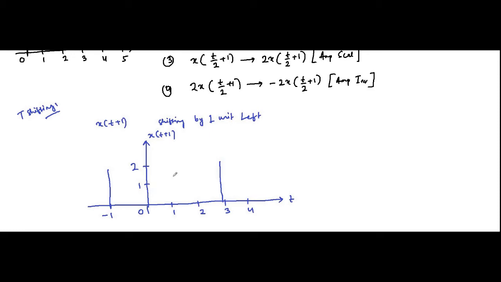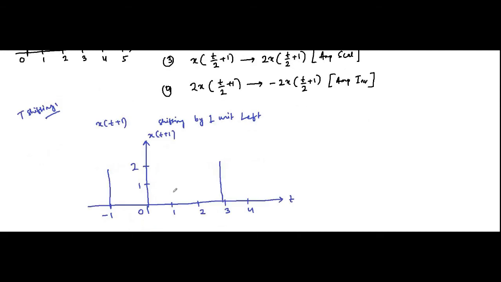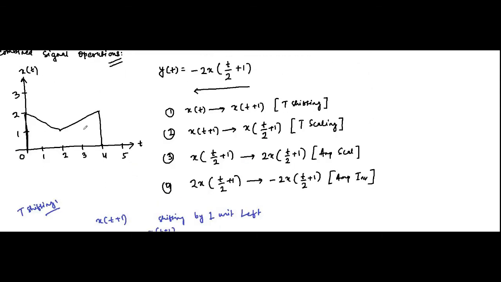Here it was at 2 that 1 was occurring, here it will be at 1, because shifting happens by 1 unit to the left. This is the time shifted signal.